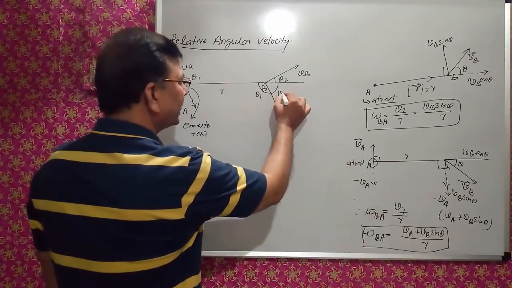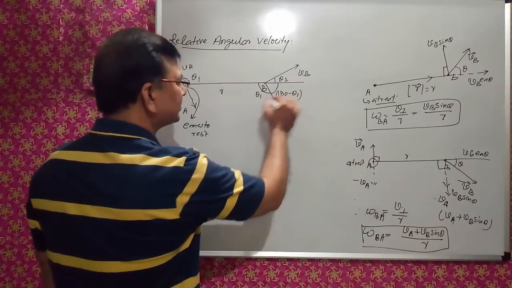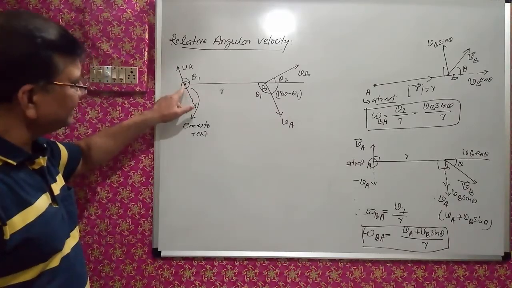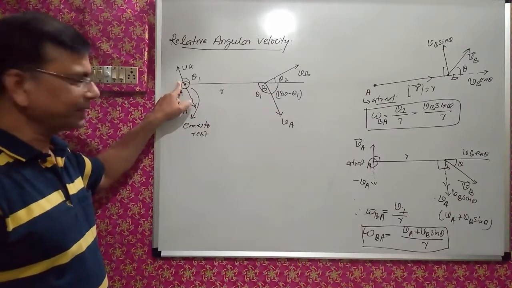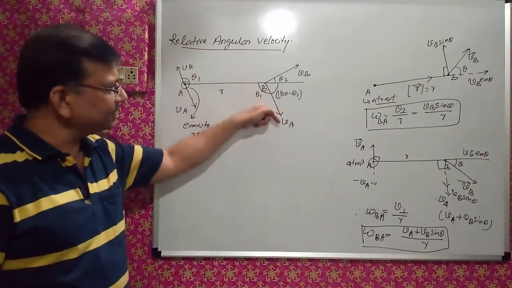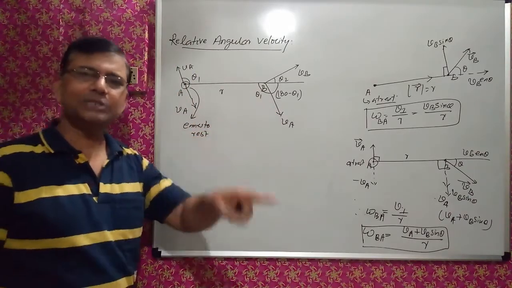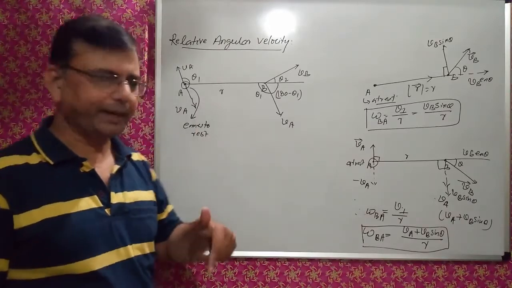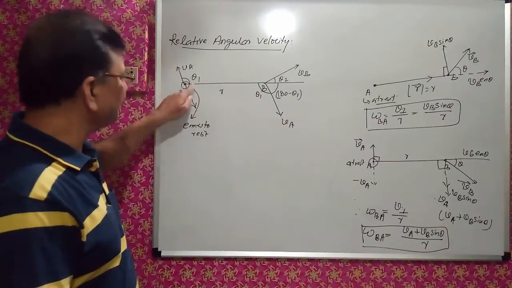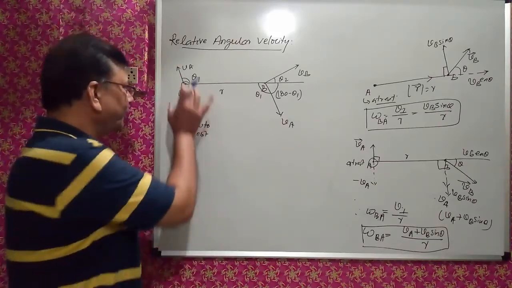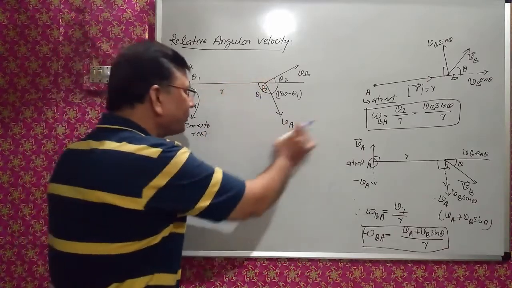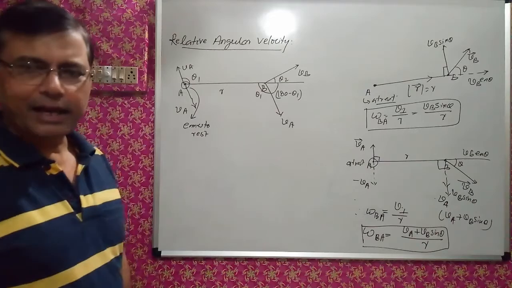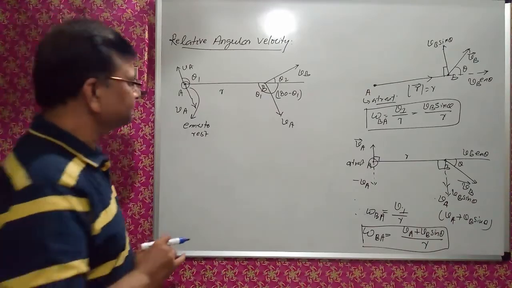This is 180 minus theta 1. Right? When opposite velocity is given, this comes to rest. It is very important. Comes to rest. Same velocity will have to be given to V also, as we have been doing to find the relative velocity of B with respect to A. With respect to A means A will have to be brought to rest. Now it has come to rest, then normal component of these two velocities will give the angular velocity.